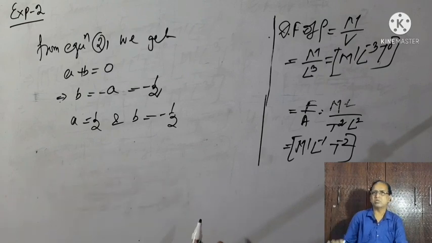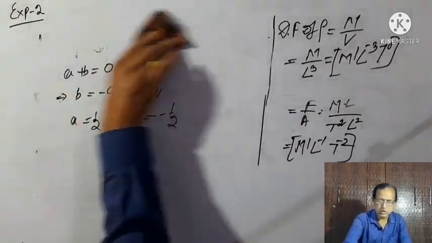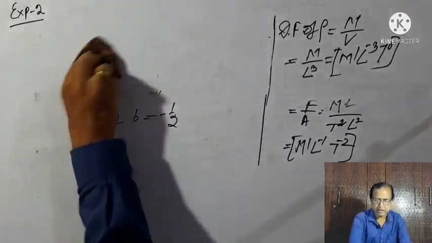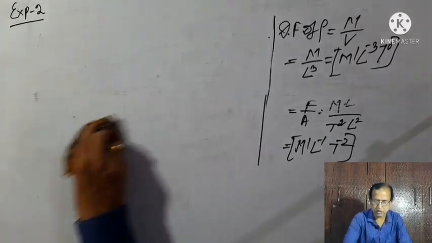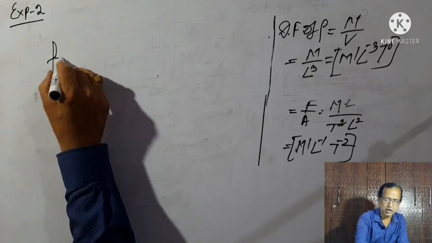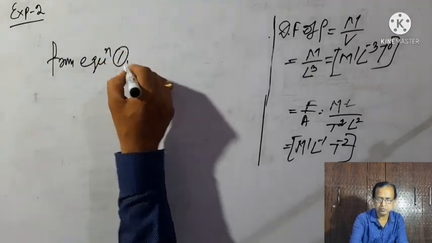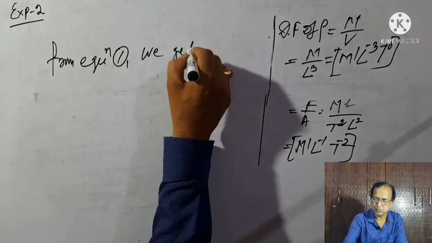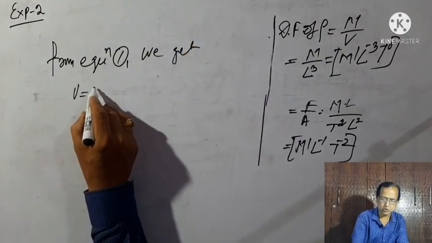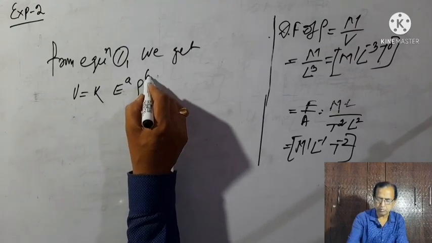Put these values of a and b in equation 1. Equation 1 is V, the velocity of sound, is equal to K E to the power a rho to the power b.